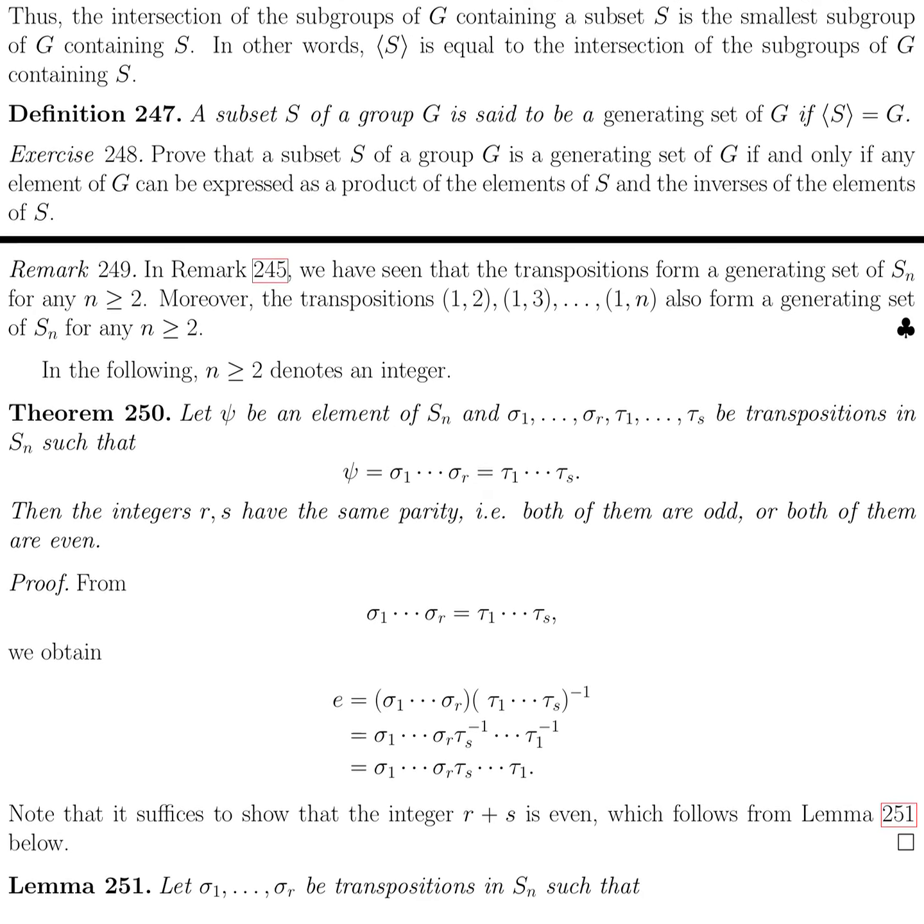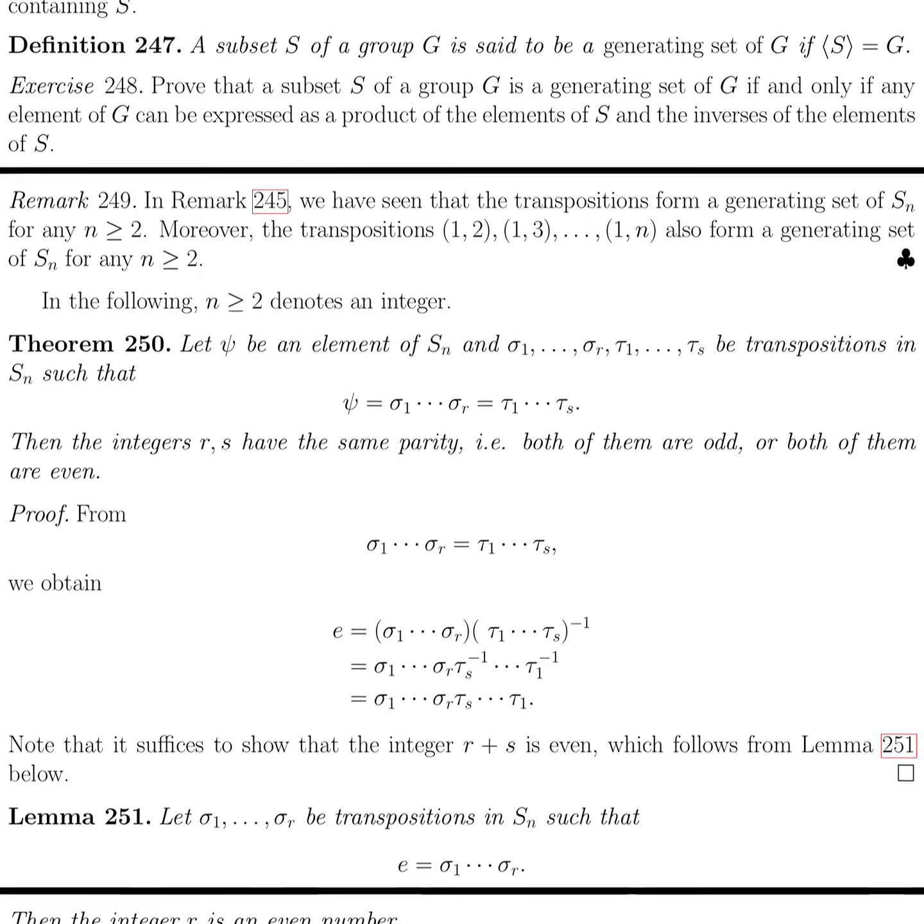Let's recall what we have been discussing. We have been trying to express an element of Sn as a product of certain transpositions, and for that we have had a running hypothesis that n is at least 2, because otherwise we do not have any transposition. A transposition has to be a 2-cycle.